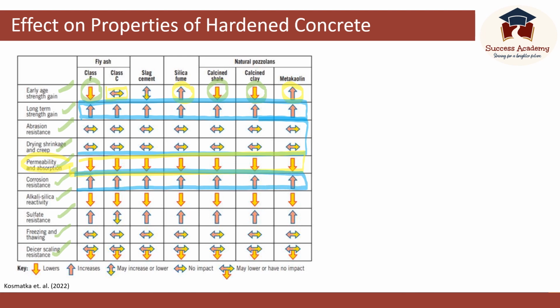Alkali-silica reactivity is lowered by all of these admixtures, and most of these admixtures increase the sulfate resistance apart from the fly ash class C. When you look at the freezing and thawing, none of them has any effect. And when you look at the de-icer scaling resistance, it may lower or have no impact when you consider all the admixtures.